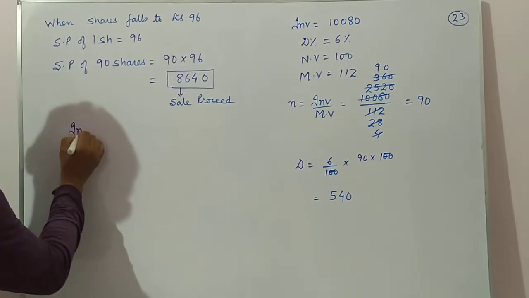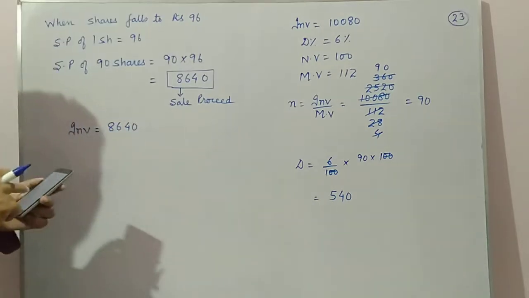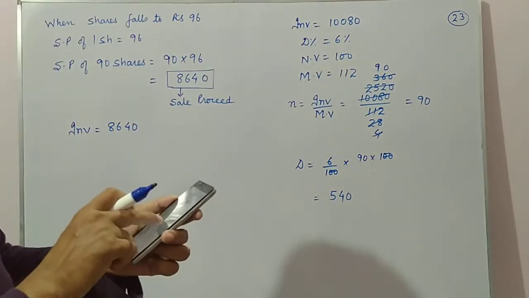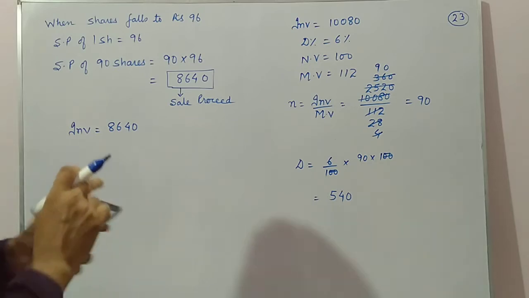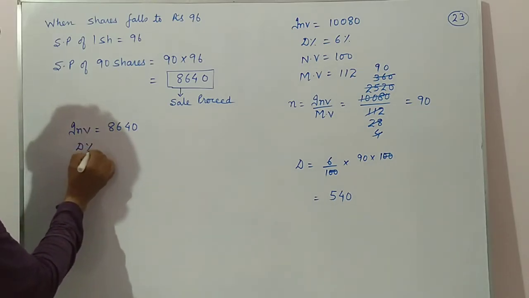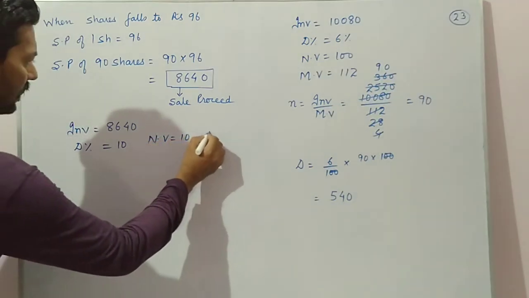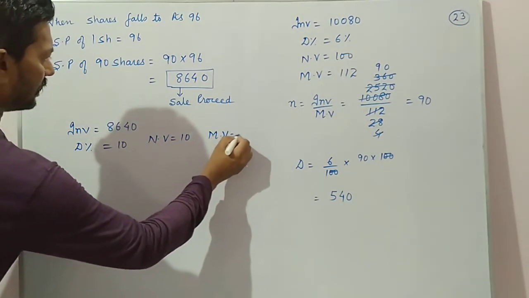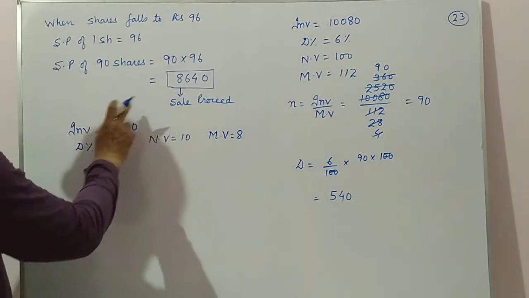That means the investment is 8640. This proceed is invested in 10% dividend, rupees 10 shares: nominal value 10, market value 8.